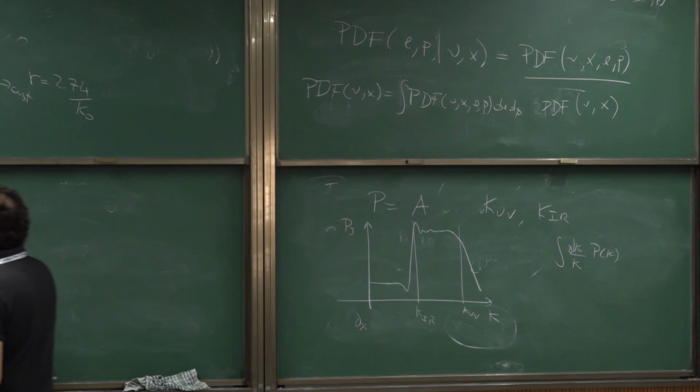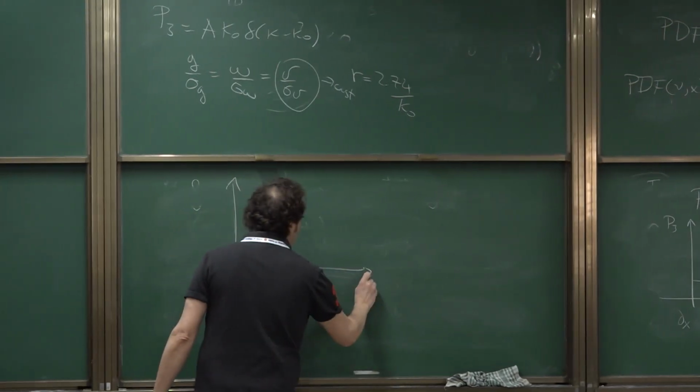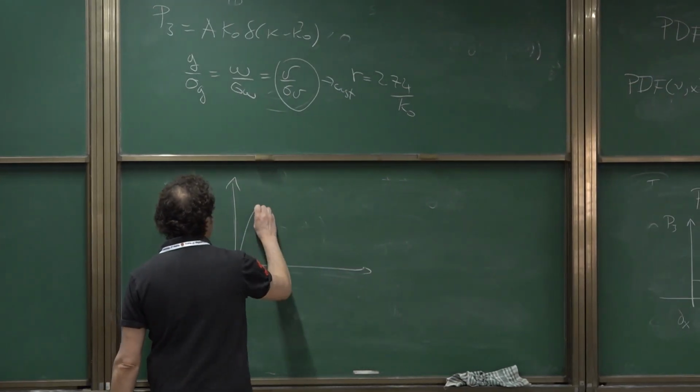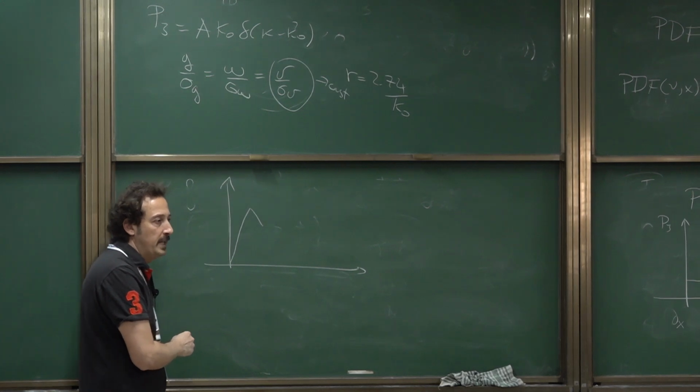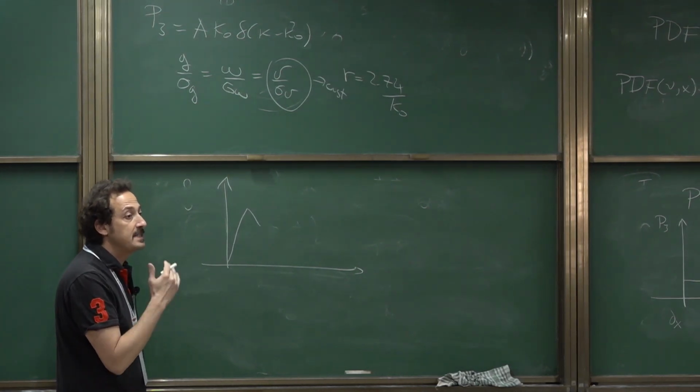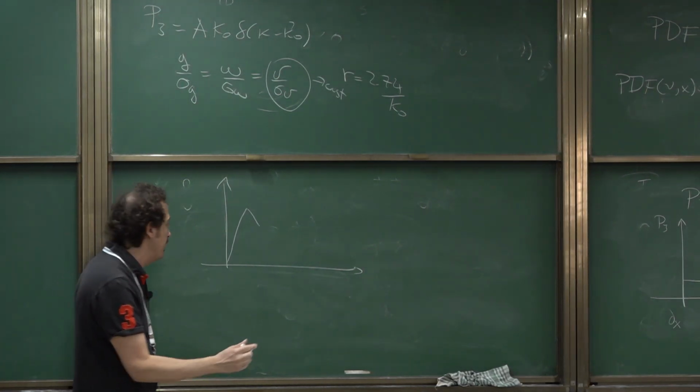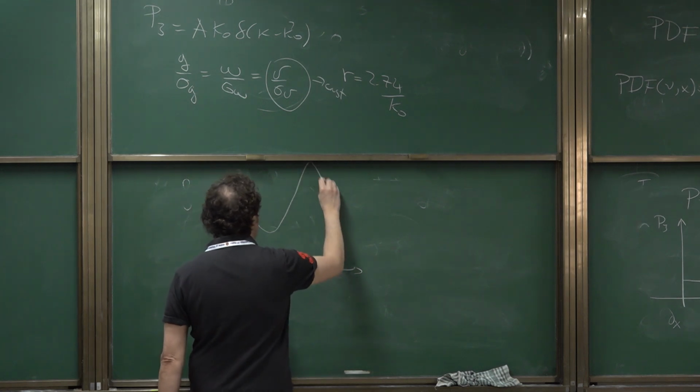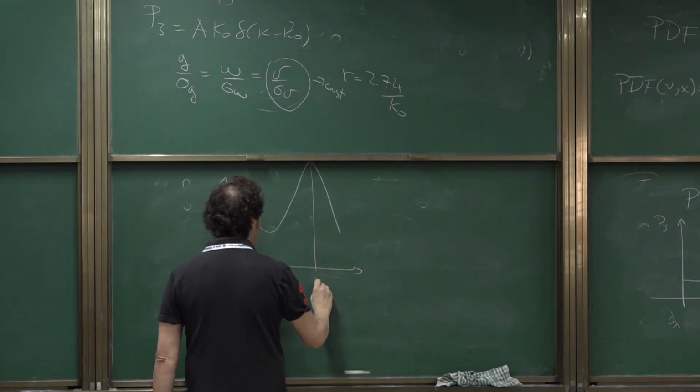So for the UV, I'm going to have the peak that I had before in the monochromatic spectrum, and then I'm going to have a second peak that is due to the infrared. And it so happens that this is way larger.